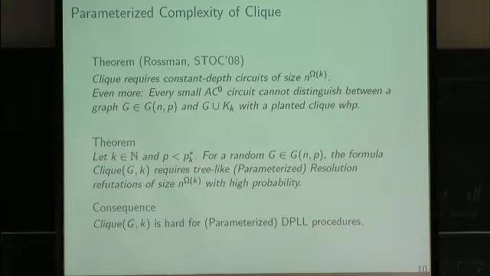So again, the result says that if you fix these values, k and the probability, then in a random graph, these clique formulas require tree-like parameterized resolution, or you can just say ordinary tree-like resolution, because as I told you there is no difference, of full size, so of n to the Omega(k), with very high probability.